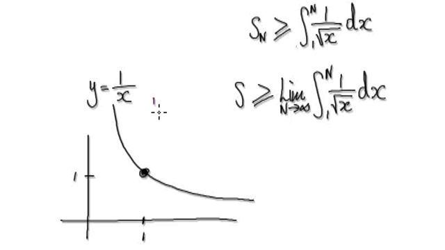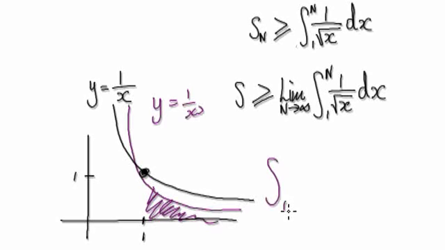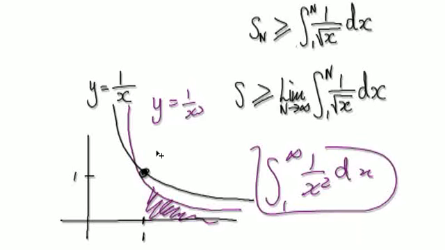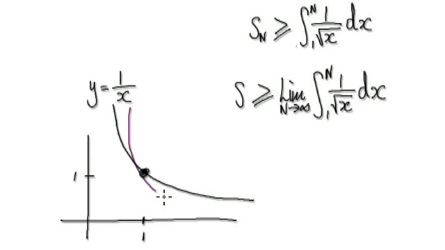If you look at y equals 1 over x squared, the graph will look like this. So the area here, the integral from 1 to infinity of 1 over x squared dx, will converge. 1 over square root of x will look something like this.